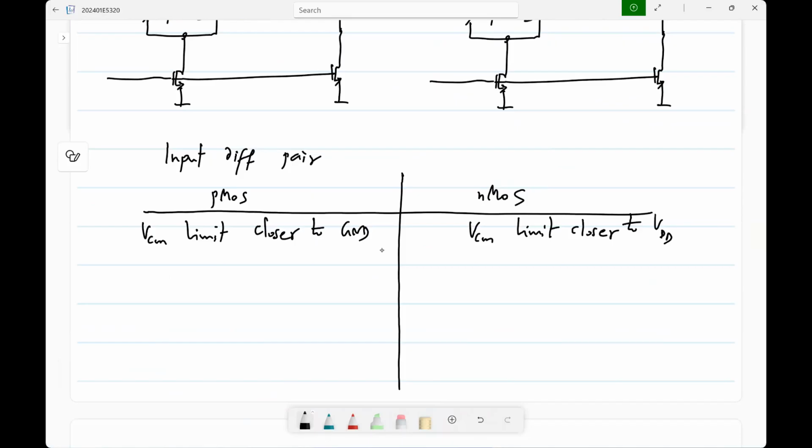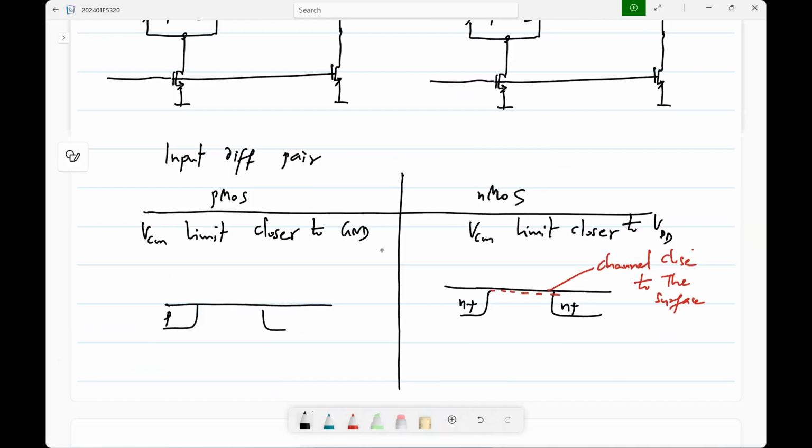Now it turns out that at least in many processes, and I am not a processing expert, in the NMOS the channel is very close to the surface, whereas the PMOS has something called a buried channel. So there will be some other implant on top of it, and the actual inversion layer is not right at the silicon insulator surface.